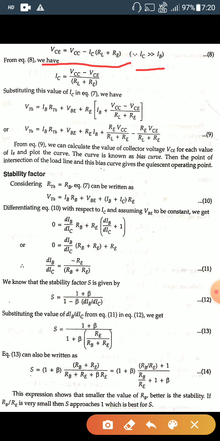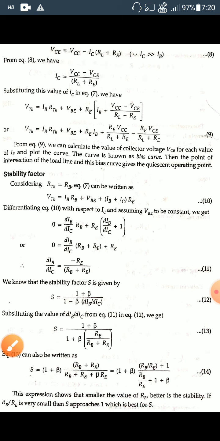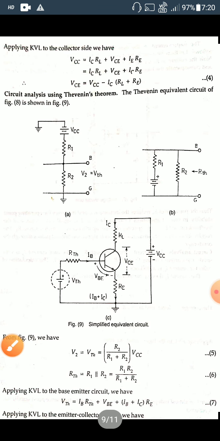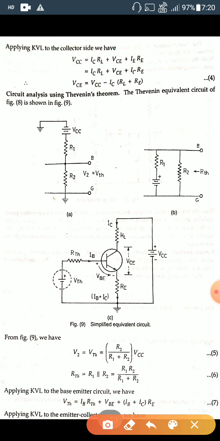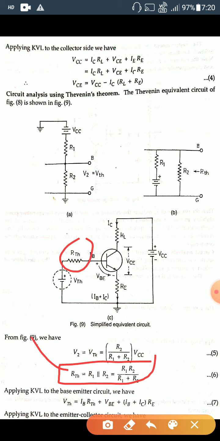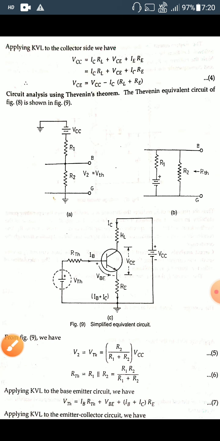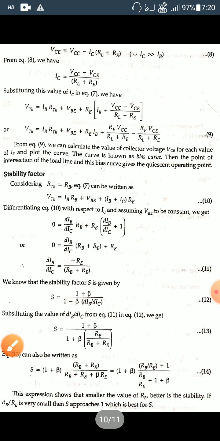So now we use these two equations to get the ultimate value for the VTH also. That means if you are interested to identify the Thevenin equivalent voltage and the Thevenin equivalent resistive value, you can follow these two equations. These are the equations for the RTH. You just put the value in this position, and in the same way for VTH.